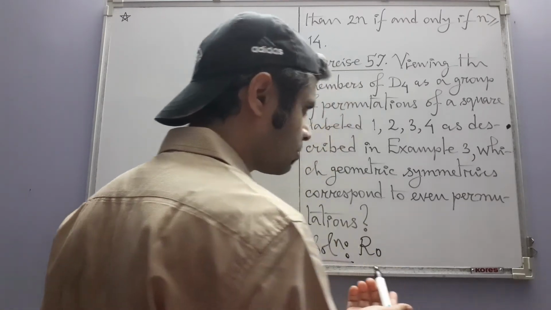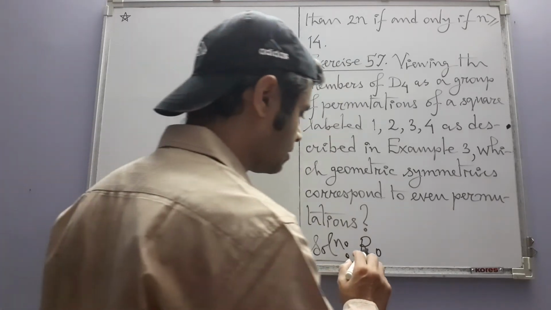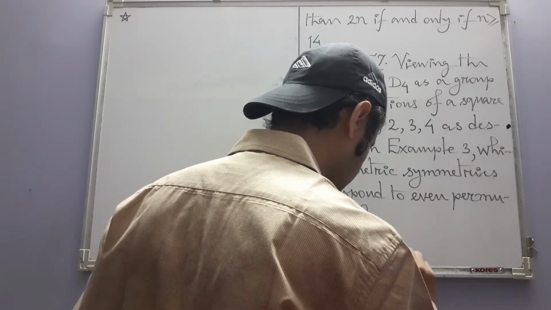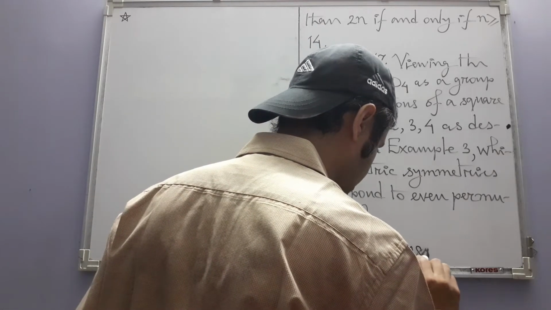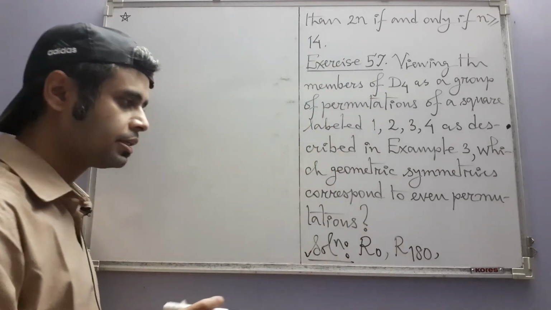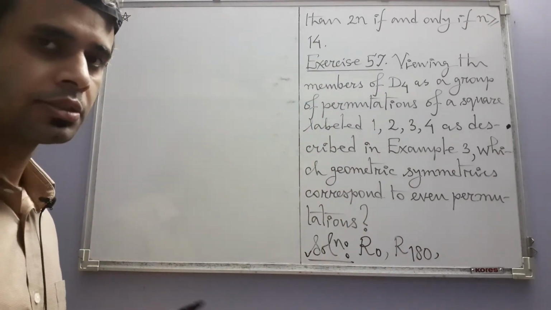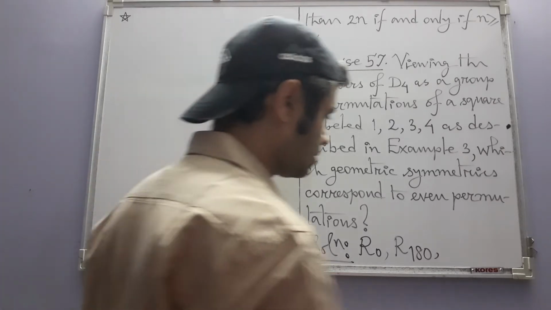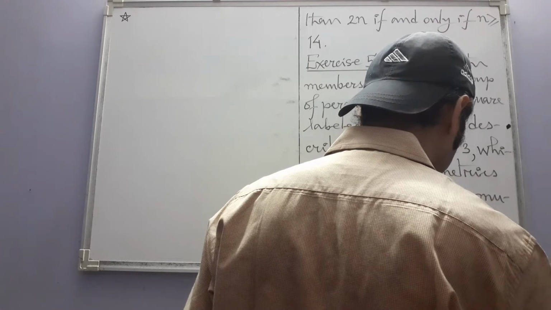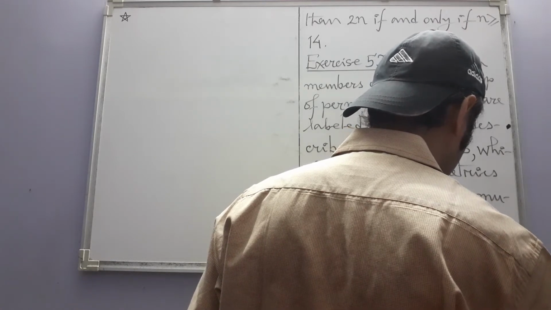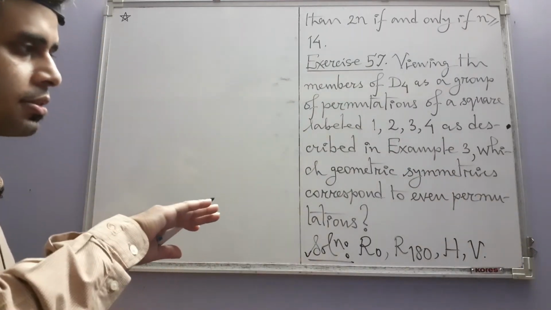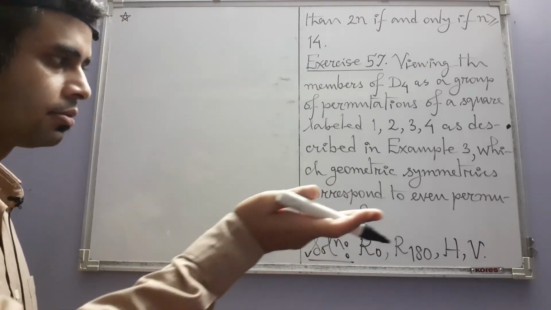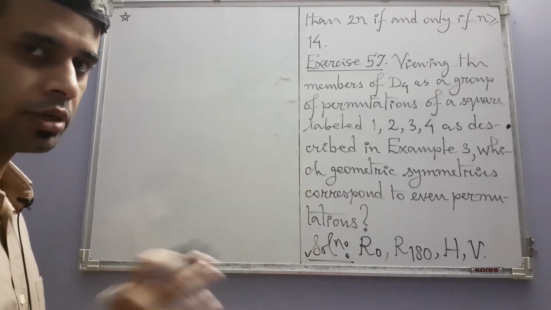This is of course your identity transformation, which does not actually do anything to the square. Then you have R180, which is rotating the square in the counterclockwise sense through an angle of 180 degrees. And then you have these two flips, H and V. H is flipping the square along a horizontal line which cuts the square into two equal halves.